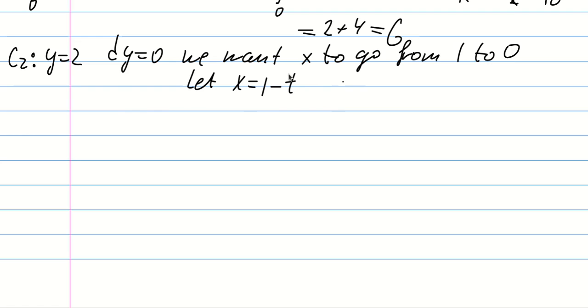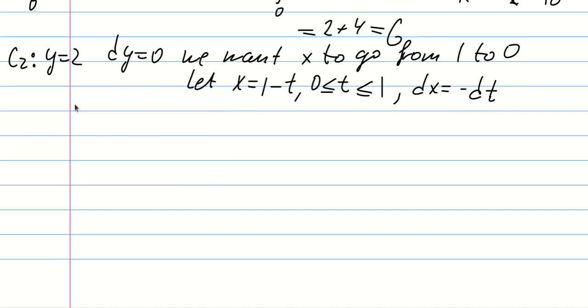So it's like a mathematical little trick. And we'll let t change from 0 to 1. In this case, dx is going to be negative dt if we calculate the derivative of this function here. So we're ready for our setup.